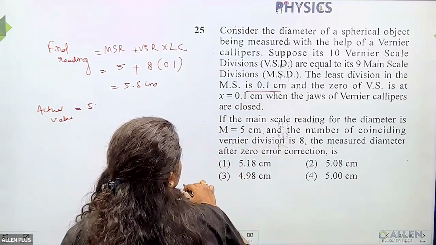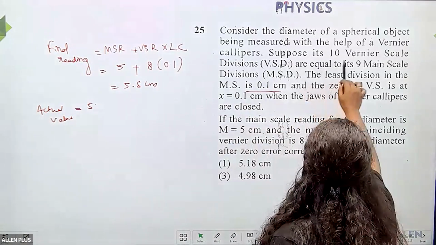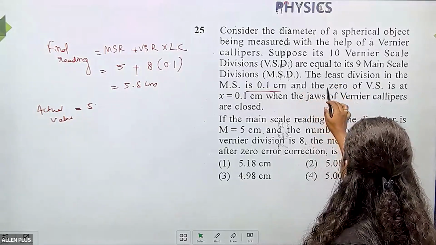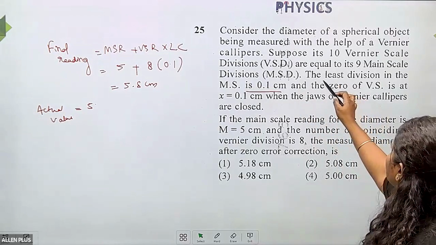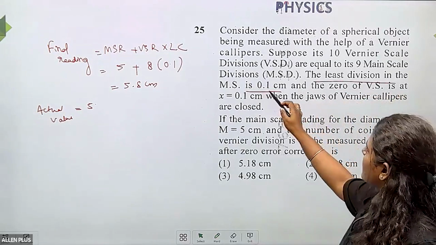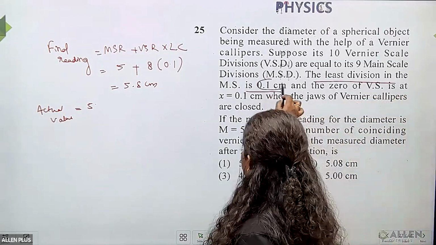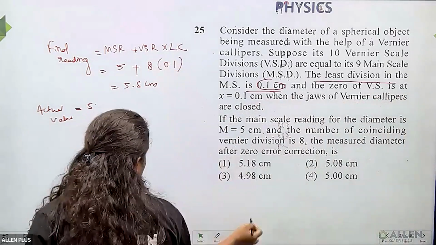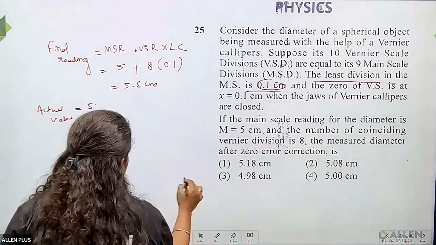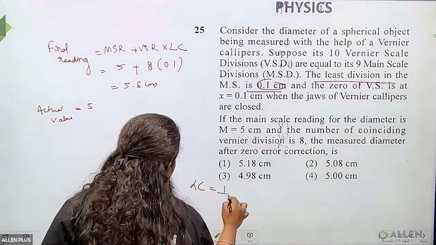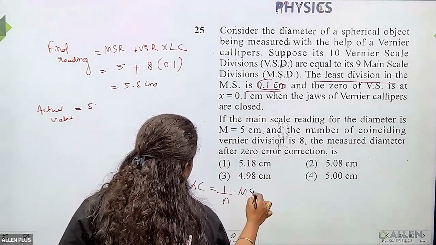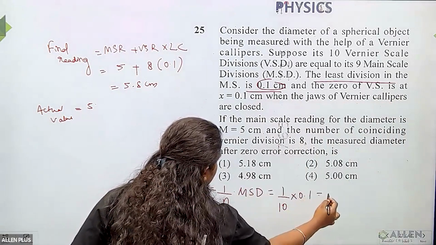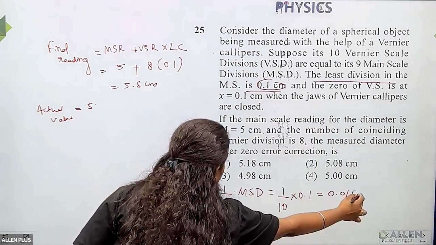What is the least count value? With the help of vernier caliper, suppose 10 VSD is coinciding with 9 MSD. The least division in the main scale is 0.1 centimeter. So here the value of least count is equal to 1 by n into MSD. So this will be equal to 1 by 10 into 0.1. This is equal to 0.01 centimeter.